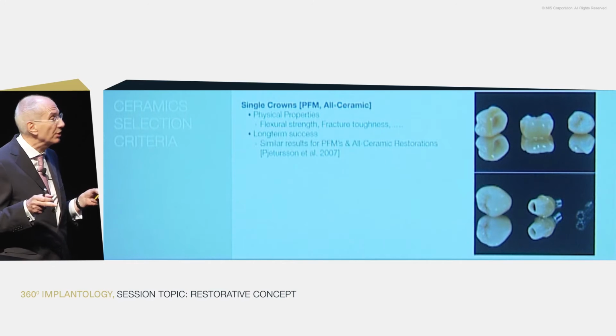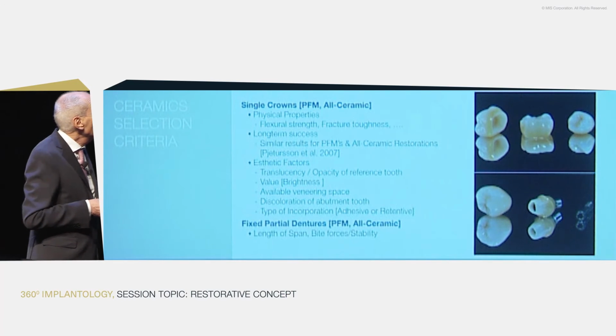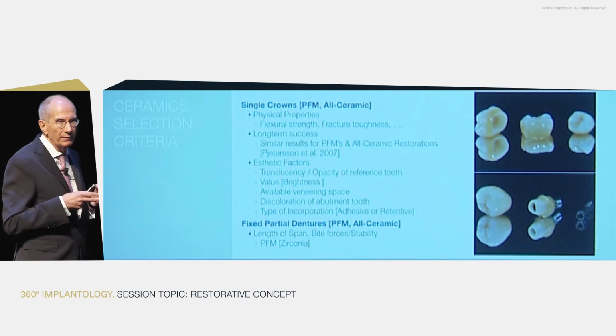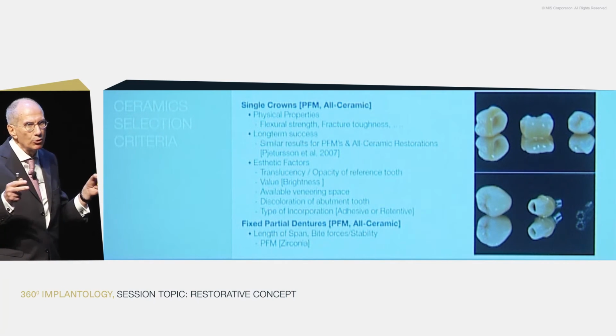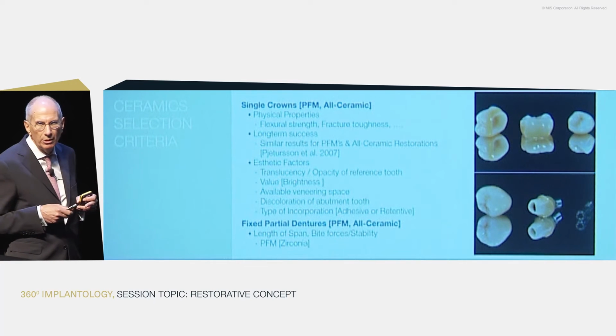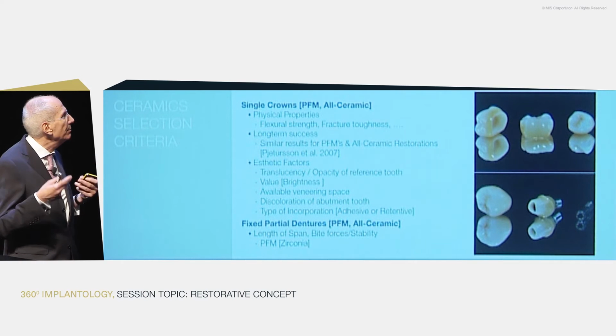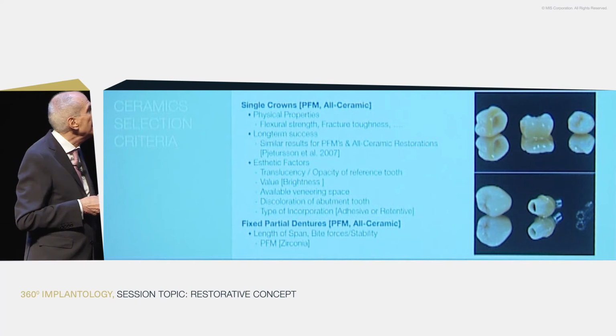Taking, for example, ceramics today makes it already very difficult. On the one side, I can look at the physical properties. They are good anyway for all the ceramics. I can look at the long-term success. It's a little bit more difficult because new ceramics are developing every day.